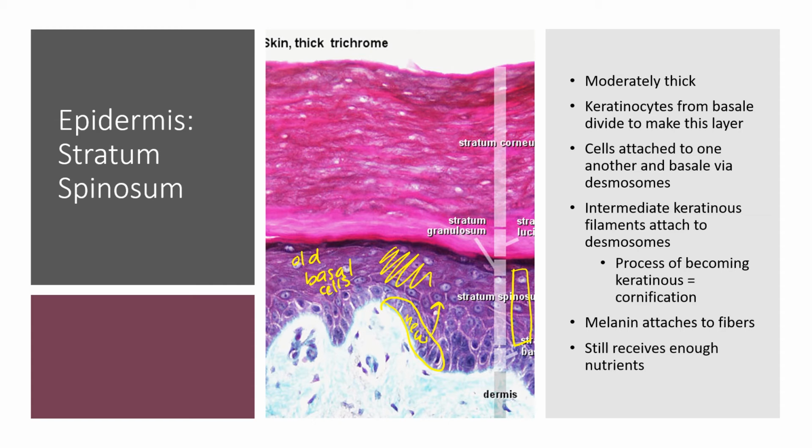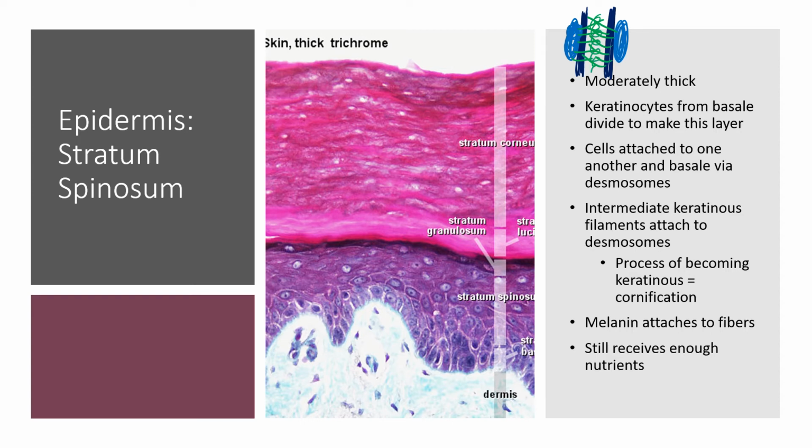The cells are attached to one another and the stratum basale by desmosomes. If you remember what those junctions do, they attach cells together like Velcro, right? You have one cell membrane and another cell membrane, and a plaque on the inside of each cell, and they both secrete fibers into the intercellular space and get tangled in the middle.